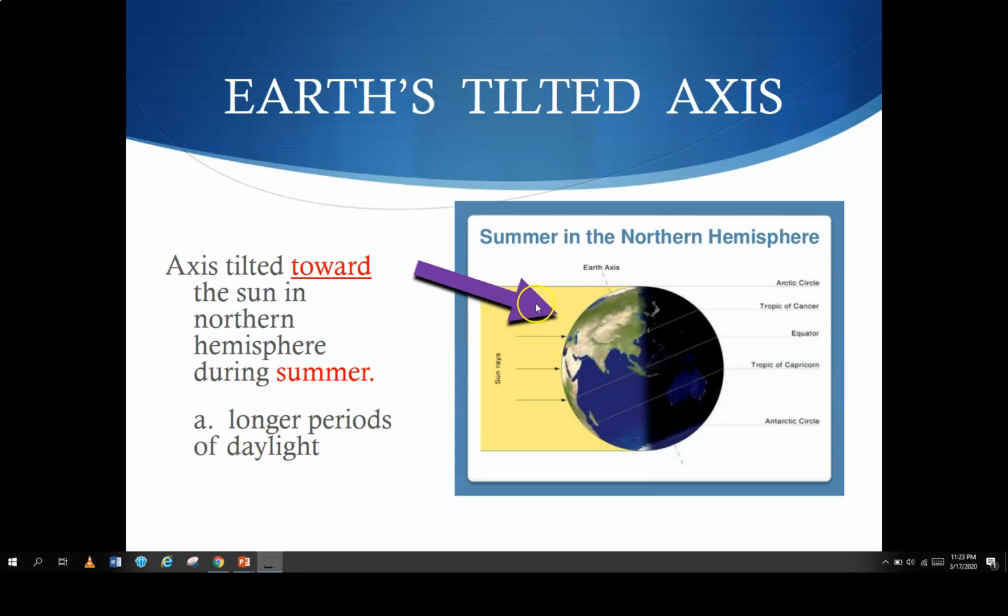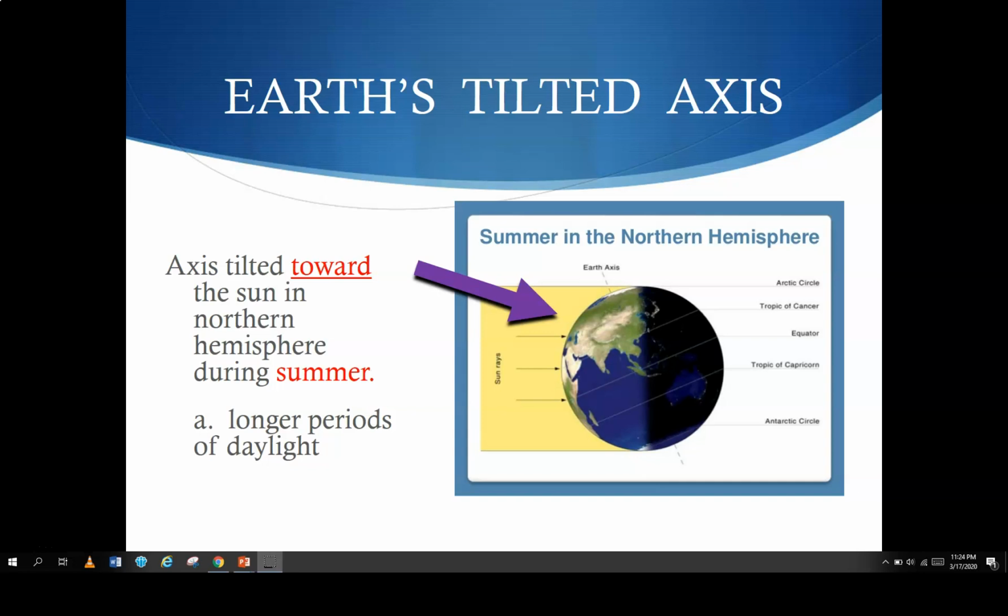When the axis is tilted towards the sun as the Earth revolves around the sun, it is known as summer for us. Typically we have longer periods of daylight. When you think about it, in the summertime it doesn't get dark until like 9:30 or 10 o'clock.